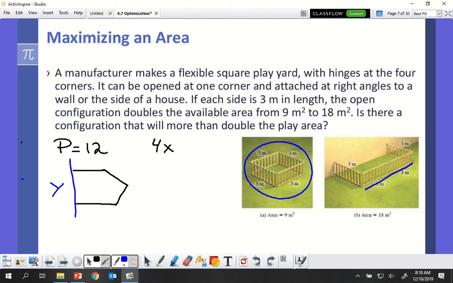So it's got to be between 6 and 0. So y has to be between 0 and 6, because if it's at 0, I get an area of 9 square meters, and if it's at 6, I get an area of 18 square meters.